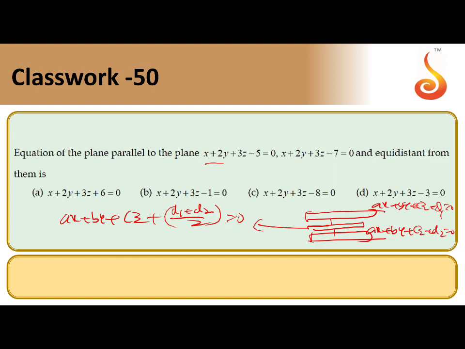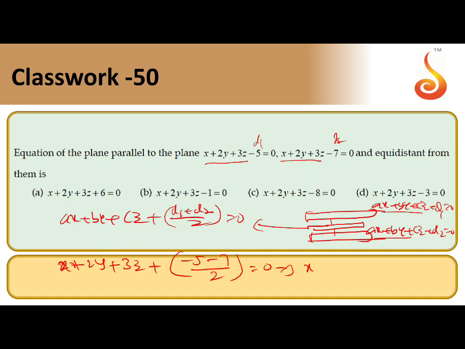So observe this one, x plus 2y plus 3z, x plus 2y plus 3z. They are parallel planes. So d1 is minus 5, d2 is minus 7, this is d1, this is d2. That means the first three terms remain same in the required plane. That is x plus 2y plus 3z plus (d1 plus d2) by 2. D1 is minus 5, minus 7, by 2.